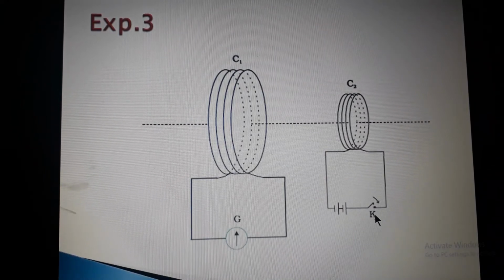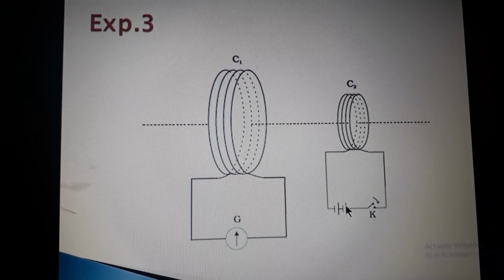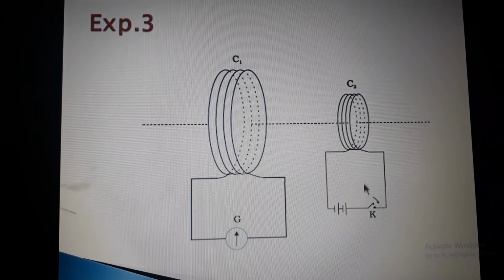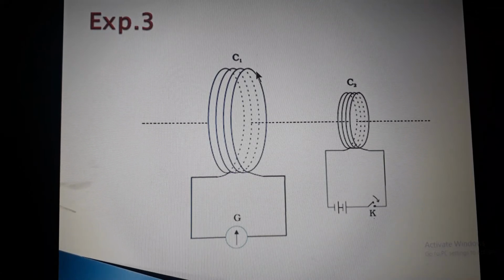Now K is continuously pressed. At that time what happened? The power supply is given, but there is no movement, because no movement means no magnetic flux change, so no EMF is induced.